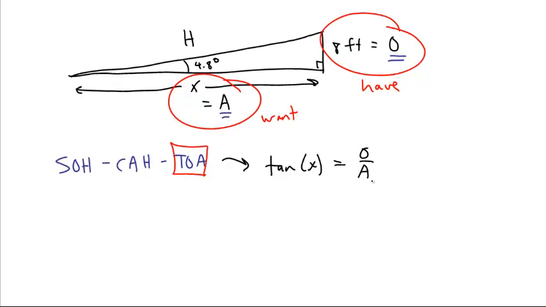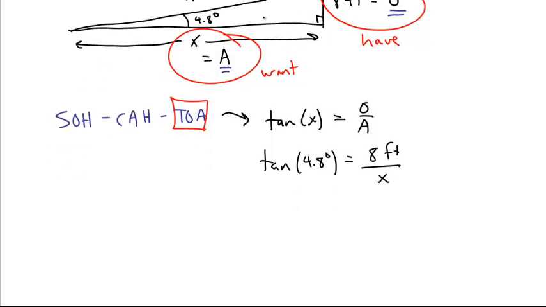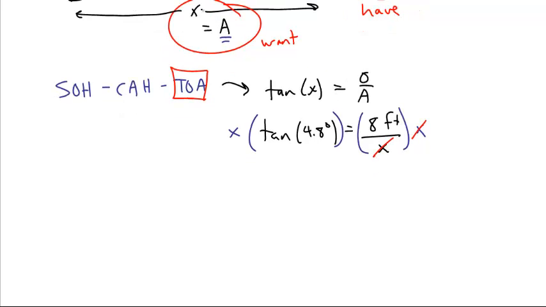In this case, the angle is 4.8 degrees. The tangent of 4.8 degrees is 8 feet divided by x. Well, if we multiply both sides by x, then it's going to cancel out on the right, and we're going to have x times the tangent of 4.8 degrees is equal to 8.